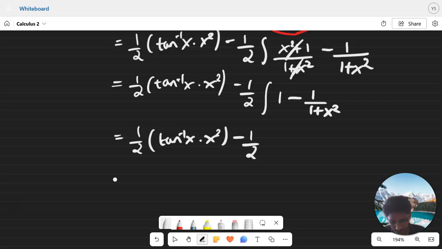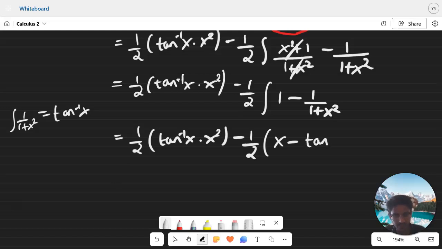Now we could find the integral. We've gotten to the easy part. The integral of 1 is just x. And the integral of 1 over 1 plus x squared is equal to tan inverse of x.